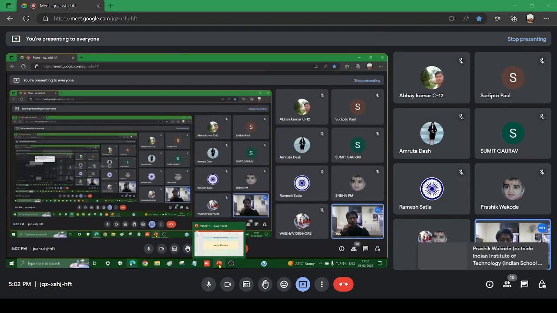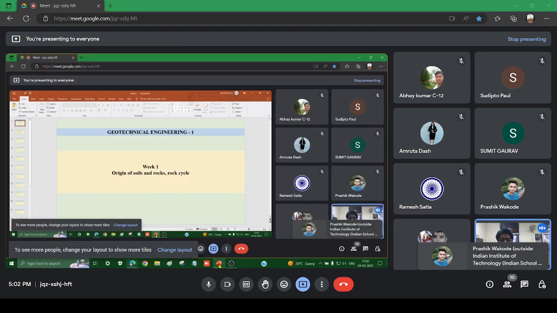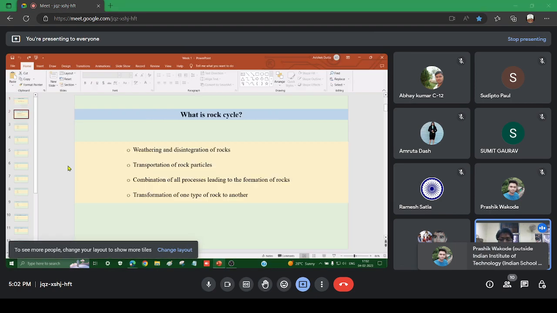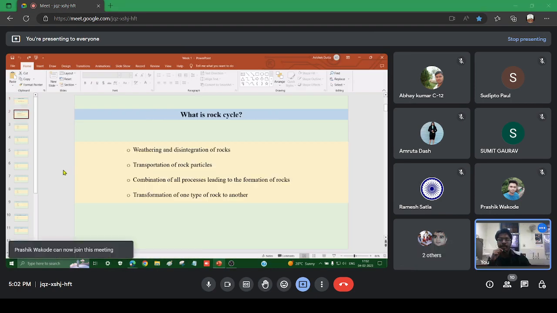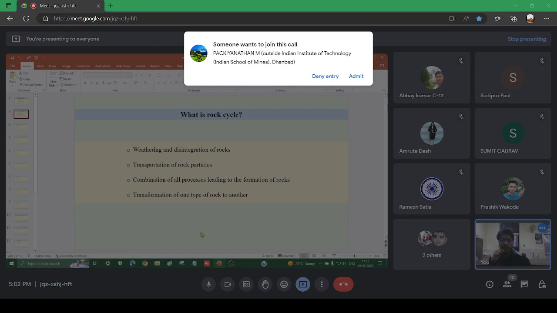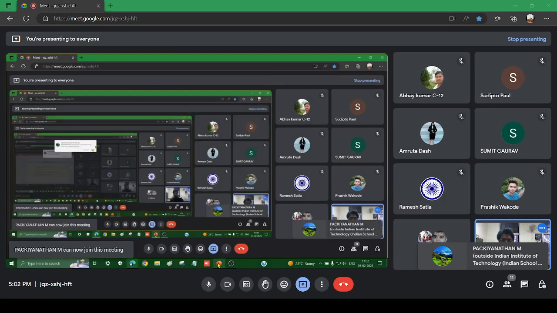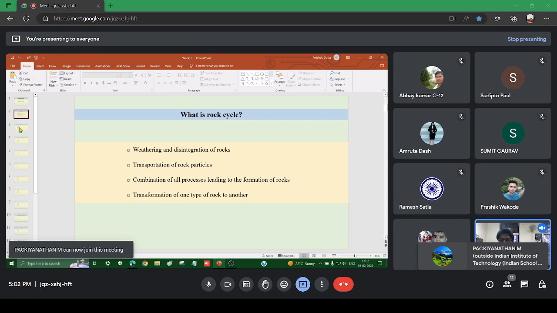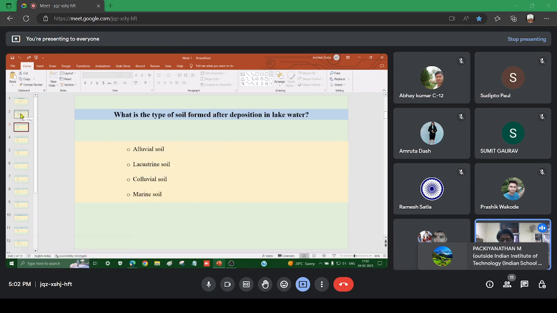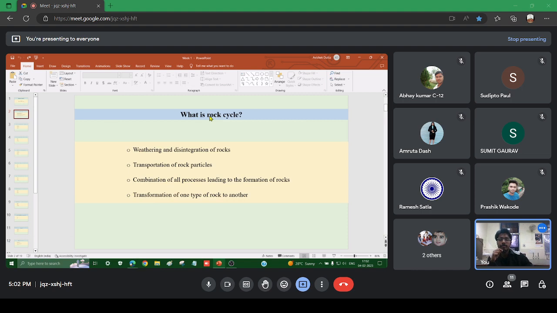I'll be first showing you the questions one by one. Please respond if you have written the questions along with the options. So the first question is, what is rock cycle?